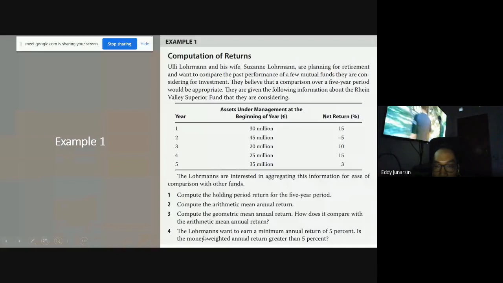So you see the question there, if the Lormans want to earn a minimum annual return of 5%, is the money weighted annual return greater than 5%? What is the answer? What is your answer then? We just calculated. Yes or no?